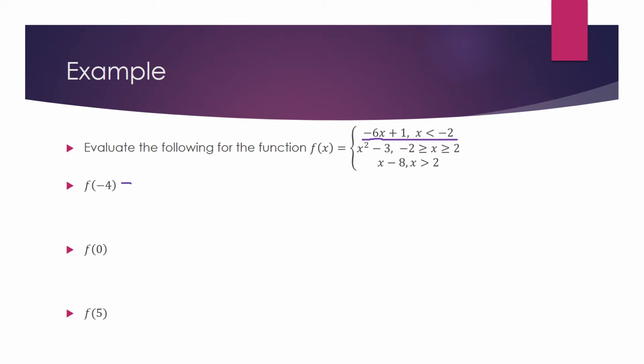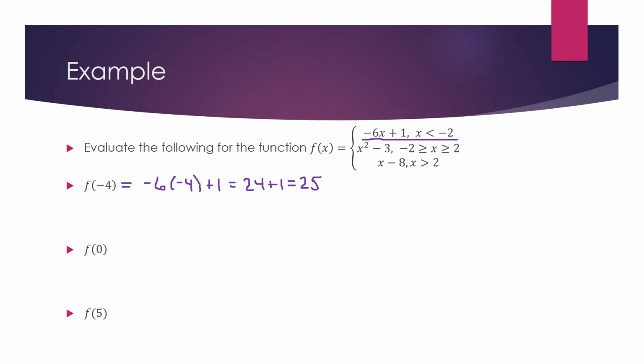So f of negative 4 is equal to negative 6 times negative 4 plus 1. Negative 6 times negative 4 is a positive 24 plus 1, which is equal to 25. So, f of negative 4 is equal to 25.